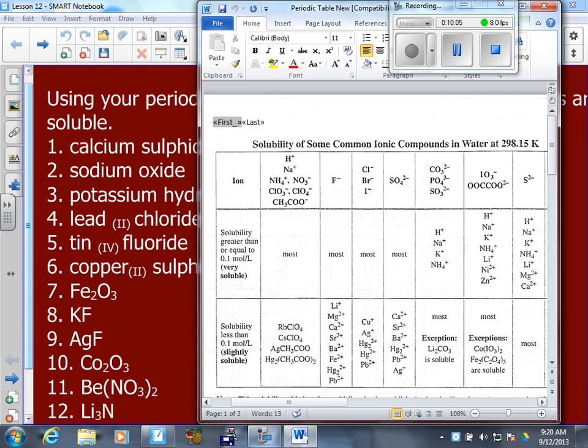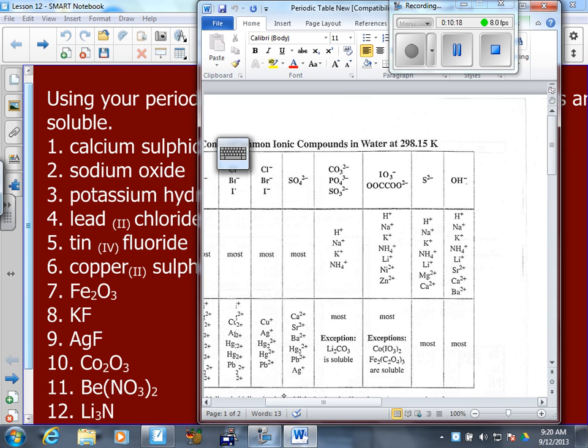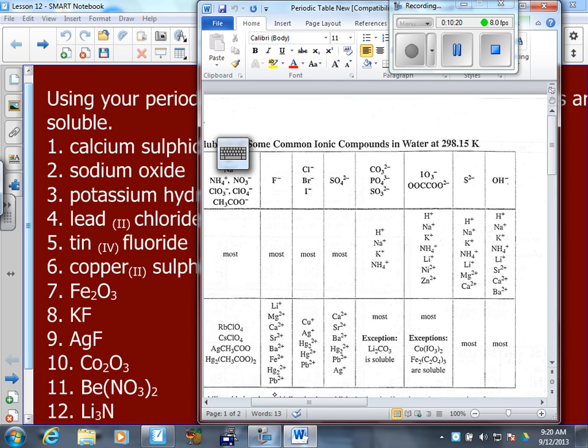Usually you don't see positive ones in this, so I never looked. All right, potassium hydroxide. Hydroxide was way over on the other side here, and hydroxide is soluble with potassium right here. So that one's soluble. Lead 2 chloride. Chloride is right here, and it is not soluble. Lead 2 plus is down in the second row.